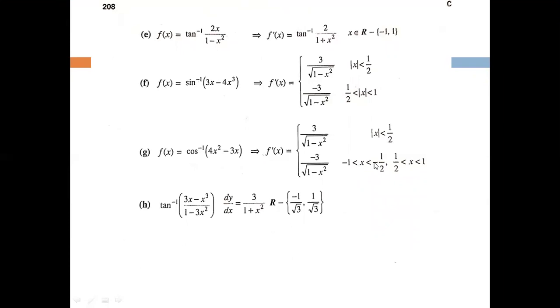Where minus 1 less than x less than minus 1 by 2 we will get minus 3 by root of 1 minus x square. And the last one, tan inverse of 3x minus x cube by 1 minus 3x square, where dy by dx is equal to 3 by 1 plus x square, where x lies in minus 1 by root 3 comma 1 by root 3. Okay.